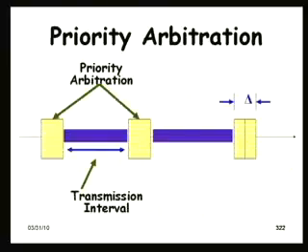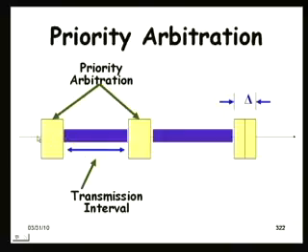So, the timeline is divided into fixed sized slots. It does not look like fixed size here, but these are fixed sized slots, and each slot is preceded by an arbitration interval. It is exaggerated here. If the arbitration interval takes so much time, then it will be inefficient. The arbitration interval is much smaller compared to the transmission interval.